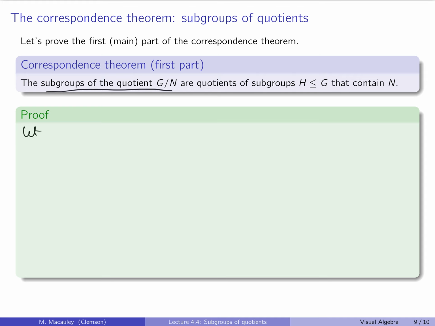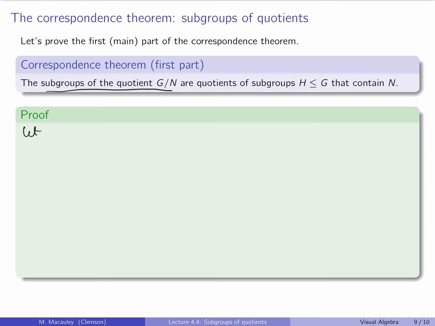So we will take H1 and H2 in H. Well, then H1n and H2n are in S. And so H1n times H2n inverse also is in S. Let's write that as H1n times H2 inverse n, or H1 H2 inverse n, which is in S. But look at this.